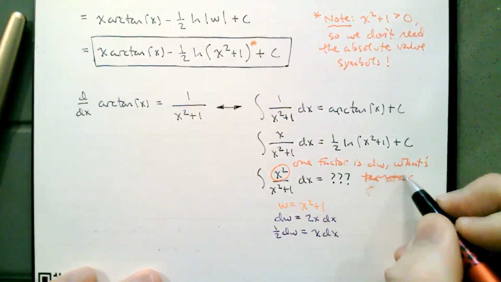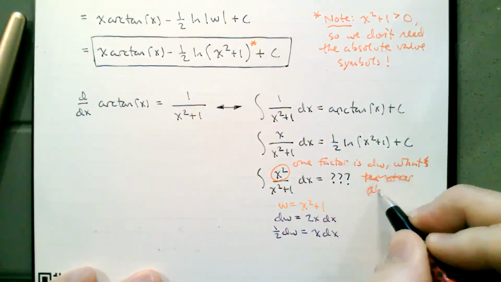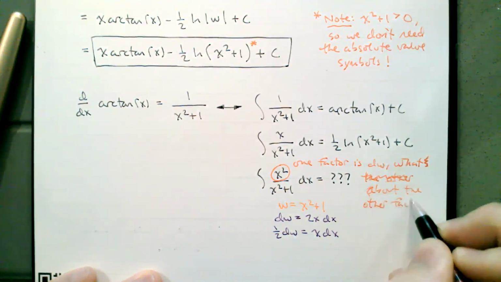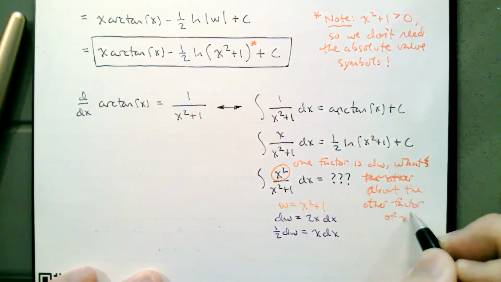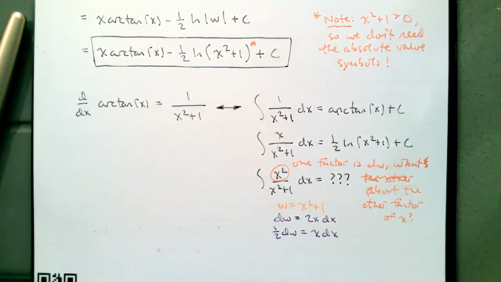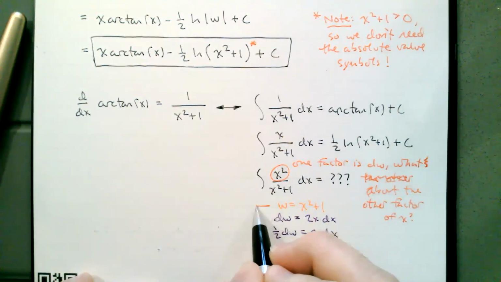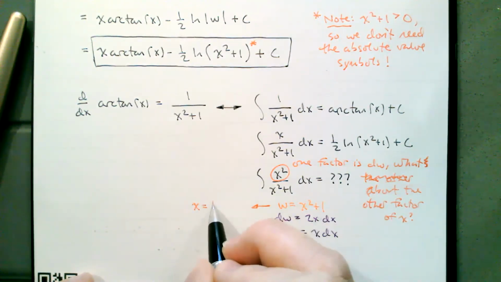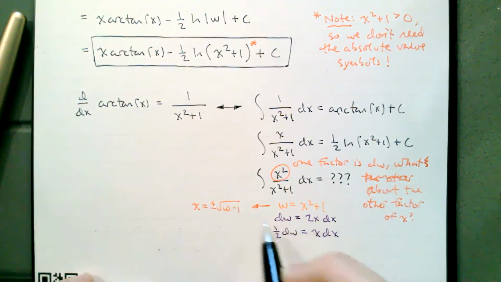We could try solving our expression here for x, but it's going to introduce square roots, and we know that that can cause problems. So we could say that x is subtract 1 and take the square root, plus or minus the square root of w minus 1.